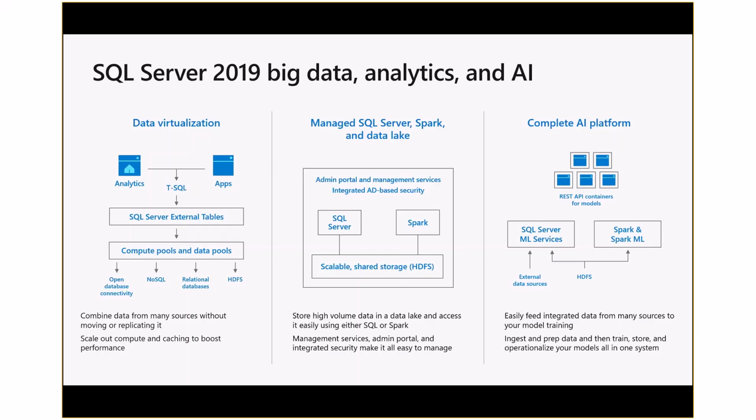And of course, with this big data cluster, we are getting Spark there as well. So you can use Spark and Spark machine learning to analyze your data as well. So it's a very powerful combination when it comes to advanced analytics and artificial intelligence. And with that in mind, combined with this data virtualization layer, you are really flexible in what kind of data sources you're using.